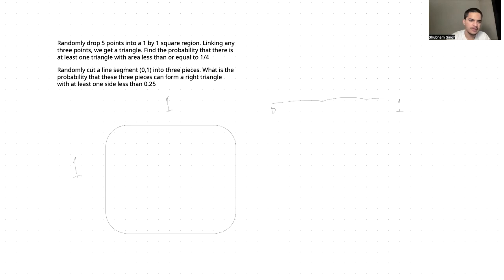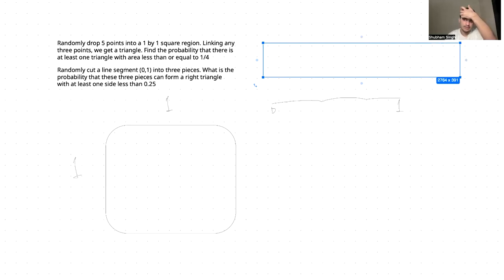The first thing that we need to consider is, if we have a triangle with sides x, y, and z, we need to remember that the sum of two sides needs to be greater than or equal to the remaining side.